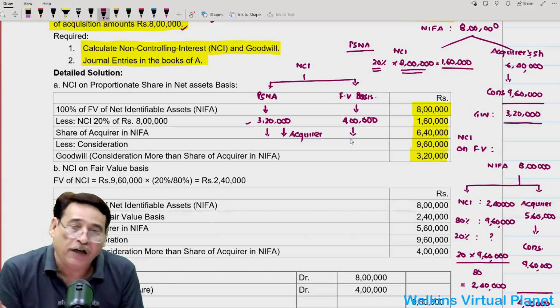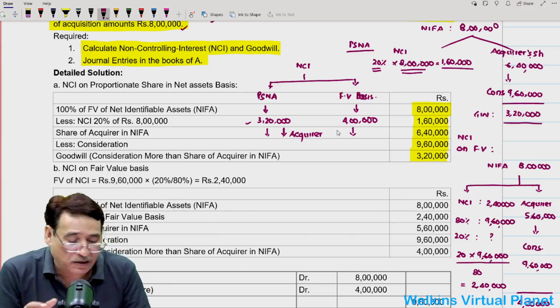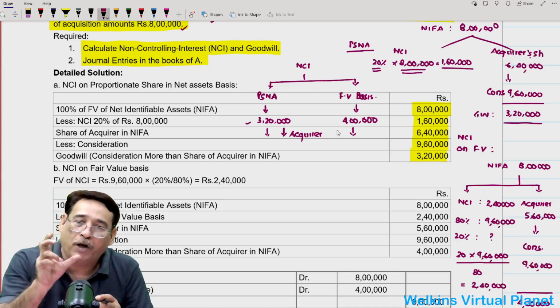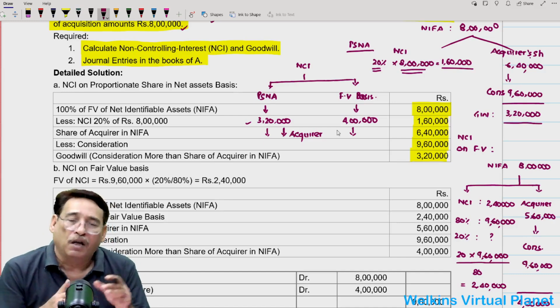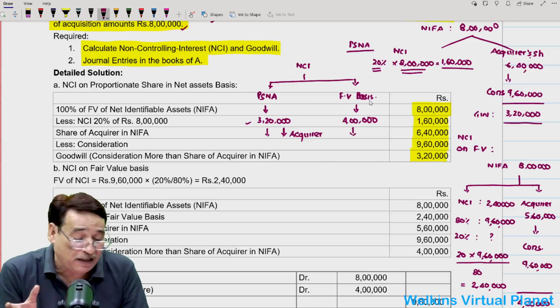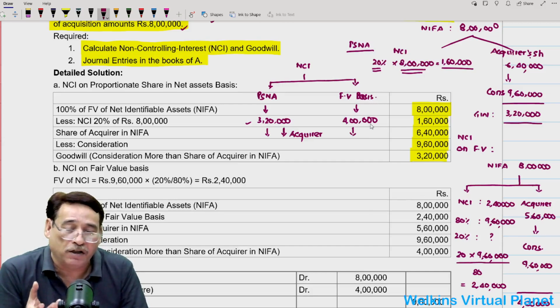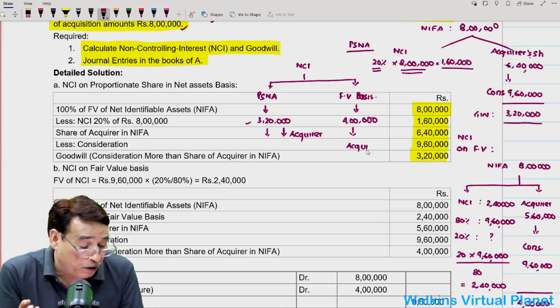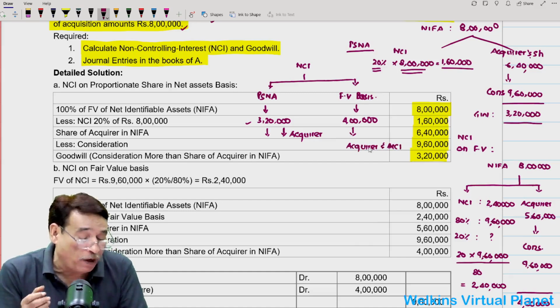Now have a look over here. Suppose I compute NCI on fair value basis, quite obviously I am going to get some amount of goodwill, and that amount will be reflected in the consolidated balance sheet. Now, if NCI is appearing at fair value, whatever amount of goodwill appears in the consolidated balance sheet, it means this goodwill belongs to both acquirer and NCI.